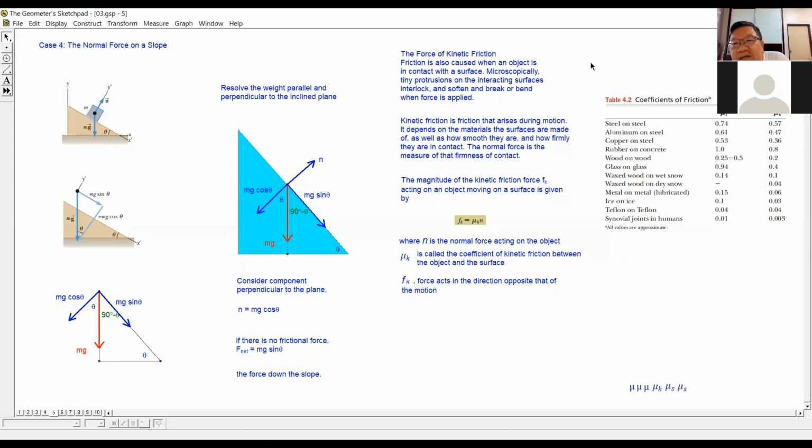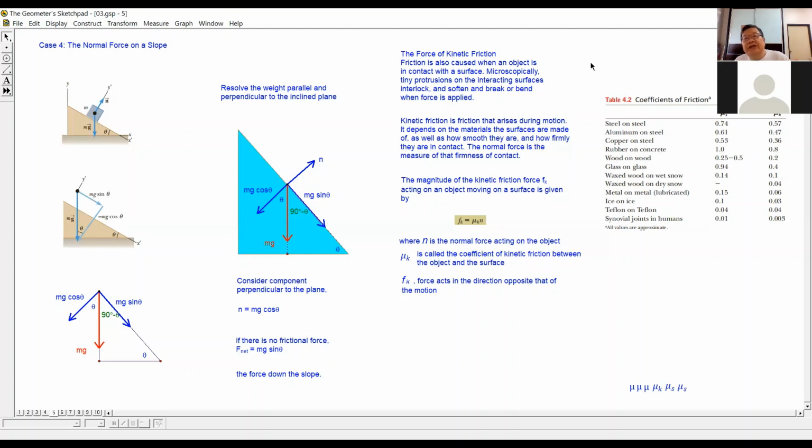Regarding the size of this frictional force, first we know what frictional force is. It is the force between two surfaces, and it opposes the motion. When we want to move to the right, the frictional force acts towards the left to prevent us from moving. Actually, it also prevents us from slipping. If there's no frictional force and you want to move forward, you will slip and fall down, right?